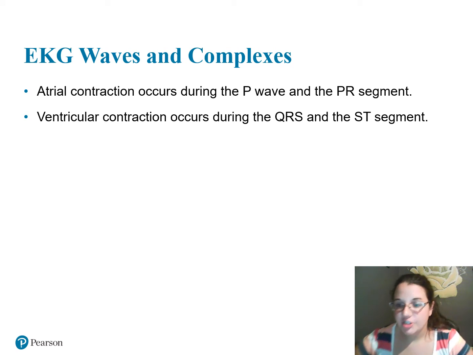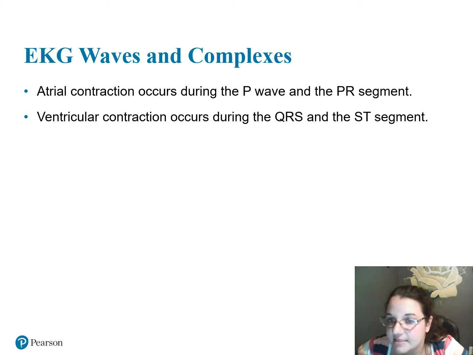Ventricular contraction occurs during the QRS and the ST segment. So remember, contraction is depolarization. So atrial depolarization, contraction, a positive charge, occurs during the P wave and the PR segment. And then your ventricular contraction occurs during the QRS and the ST segment.